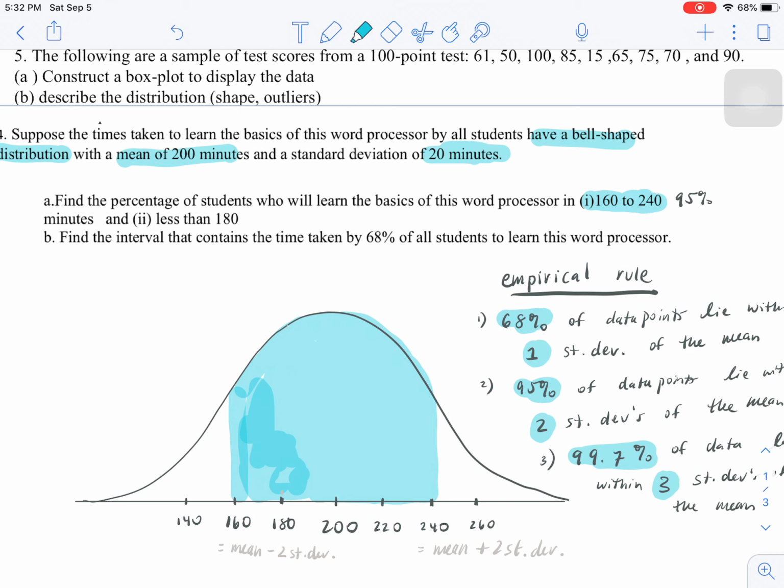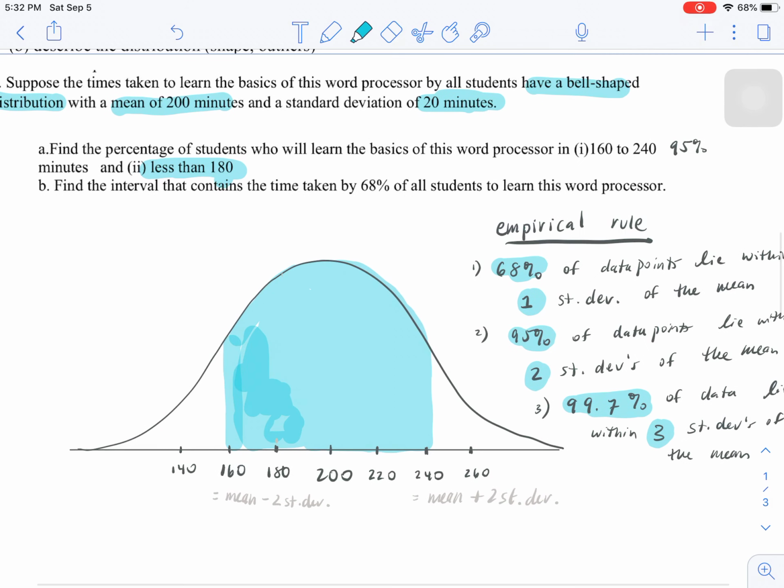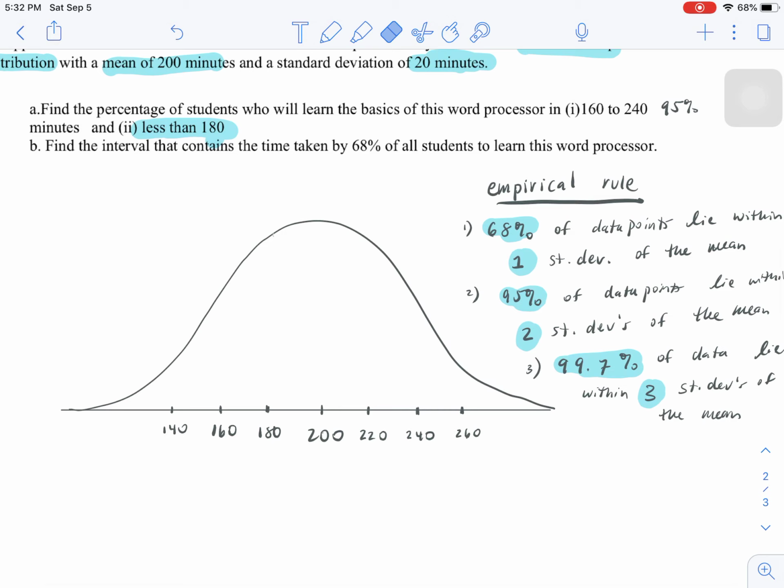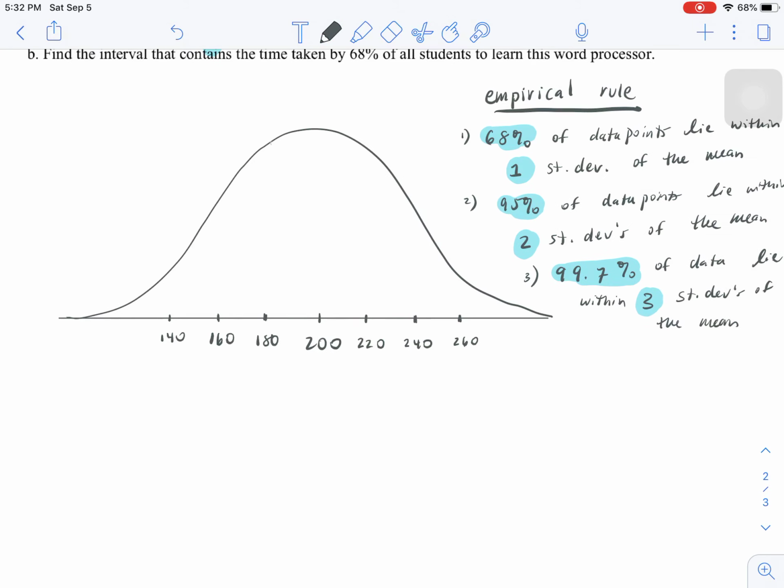Next, for part 2, we want to figure out what percentage of students took less than 180 minutes to learn this. So this takes a little more calculation, but we're still going to be using the empirical rule. So let me draw up my intervals. I know that from 180 to 220, this is 68%.